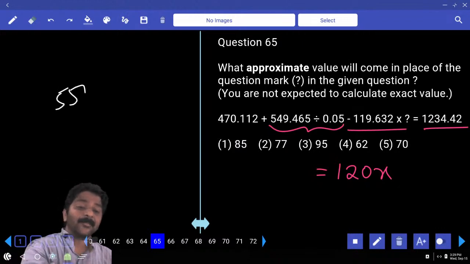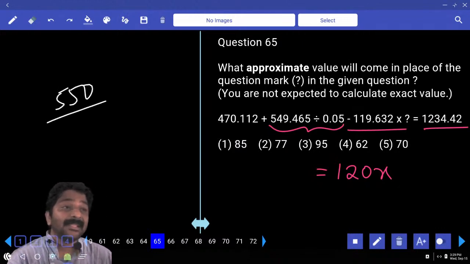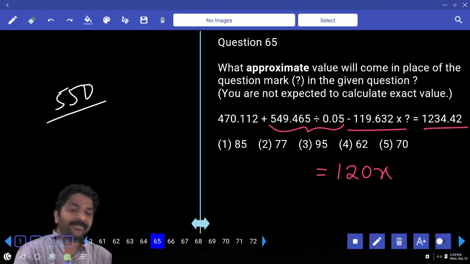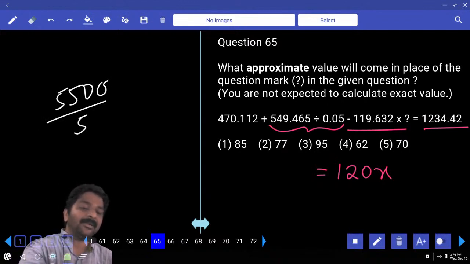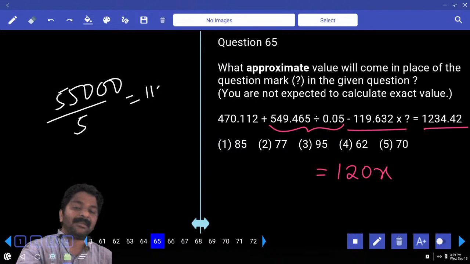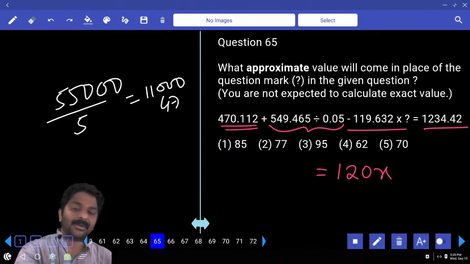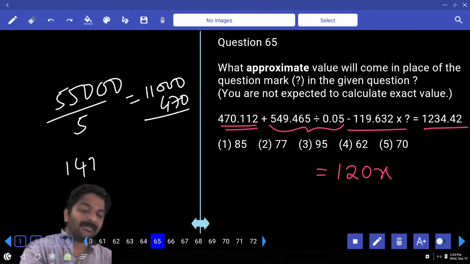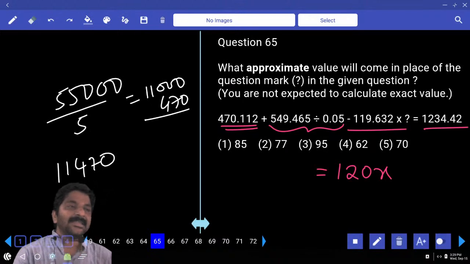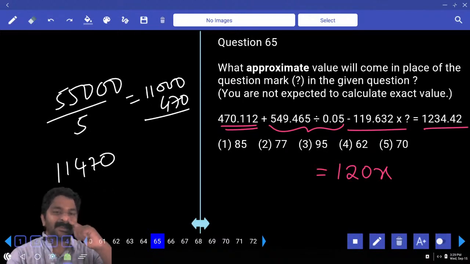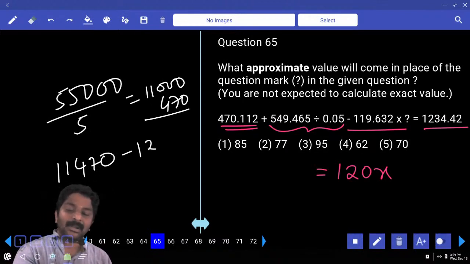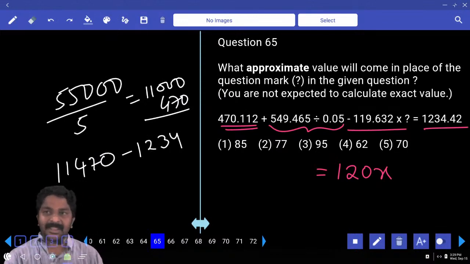Divided by 0.05. That can be written as 5 by 100 only, which is equal to 11,000. Left hand side there is a positive number which is equal to 470. Then total value 11,470. And from the right hand side we are getting minus 1234 to the left hand side.